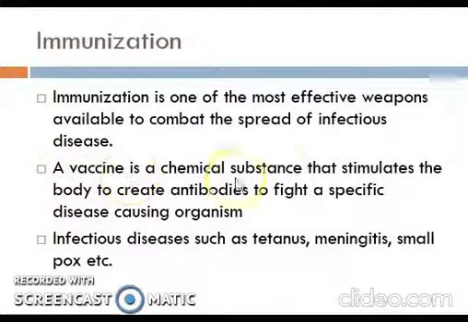A vaccine is a chemical substance that stimulates the body to create antibodies to fight a specific disease-causing organism. In the immunization process, a weakened virus or bacteria is used to prevent the infection. So you get the vaccine, you are vaccinated with the weakened virus, and that prevents infection, through the immunity system.